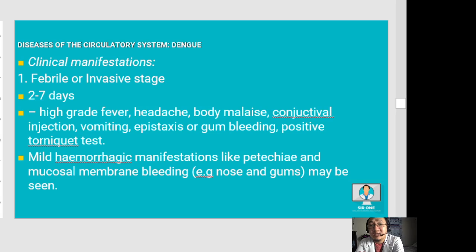You just tie it above your antecubital fossa, then for 5 minutes, I think, if I'm not mistaken. Then after that, release it and look at the antecubital fossa and imagine a 1 square inch area with 20 to 25 petechiae. Okay, because the presence of petechiae suggests again mild hemorrhagic manifestations.